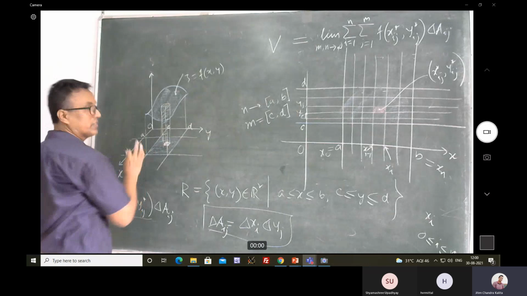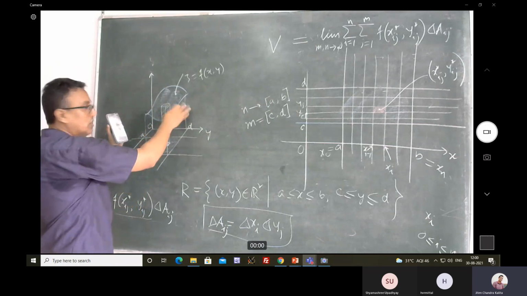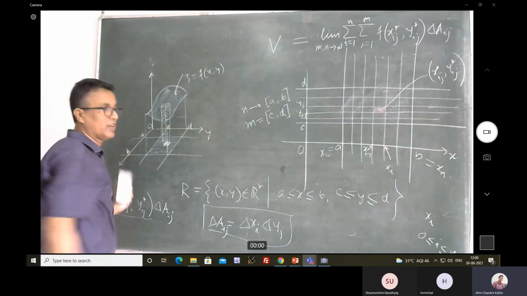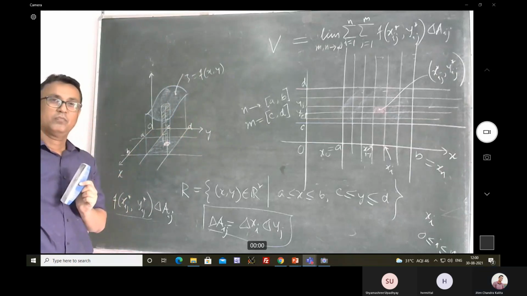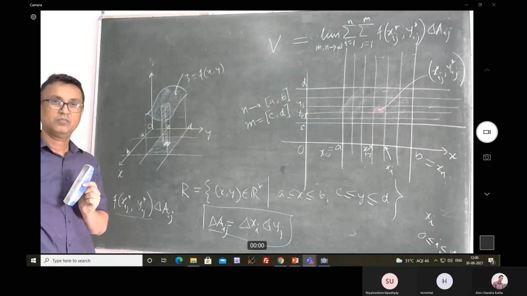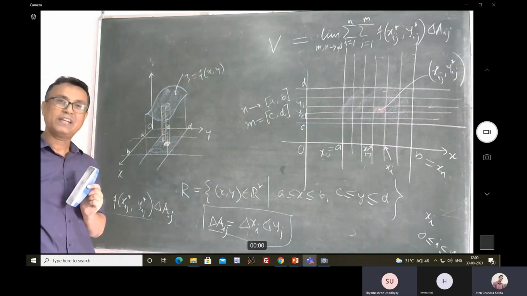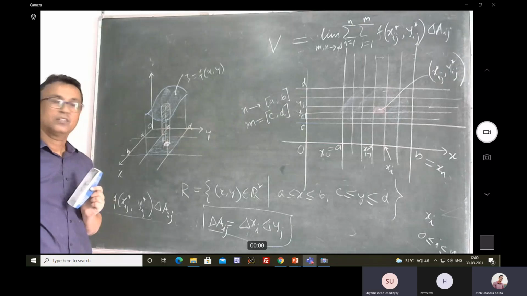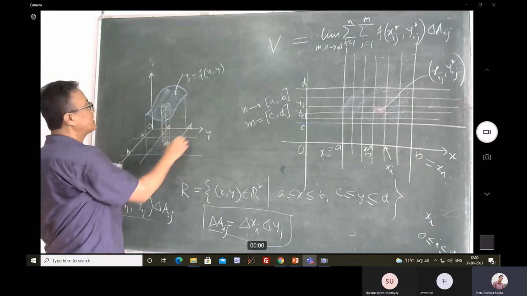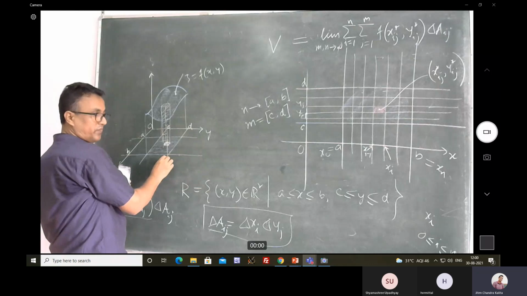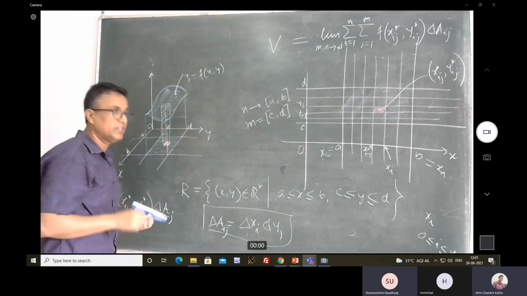Which is what? Which is above the xy plane, below the surface given by z equal to f of xy, and bounded by x lying between a and b and y lying between c and d. So basically this is going to be the volume above the rectangular region R. Okay, fine.